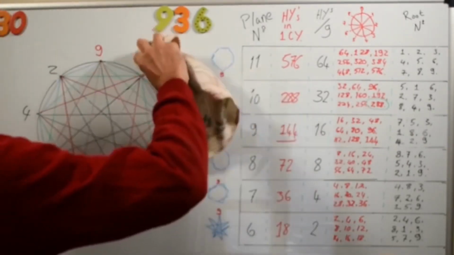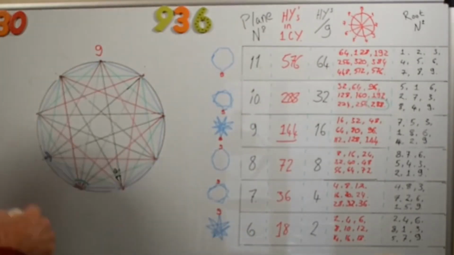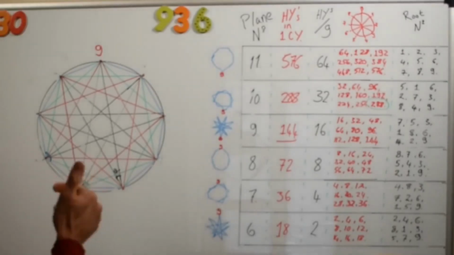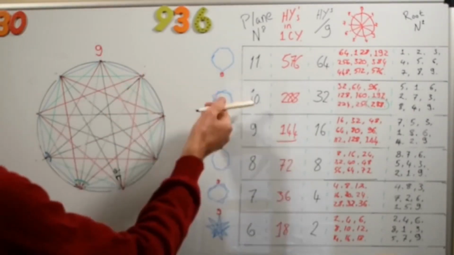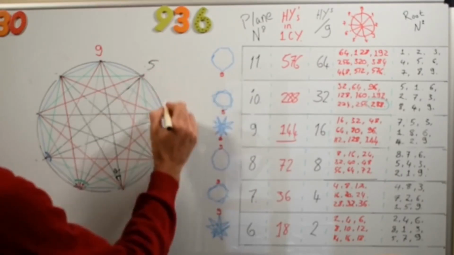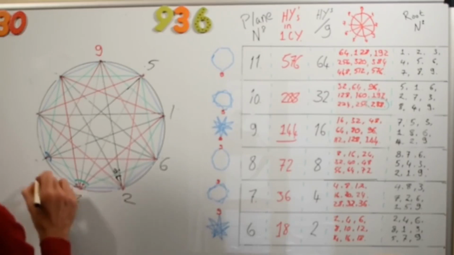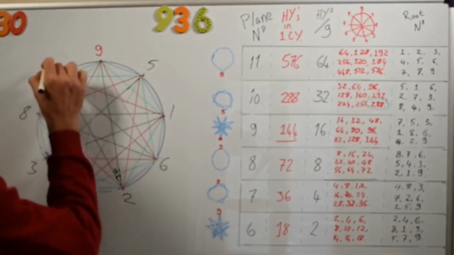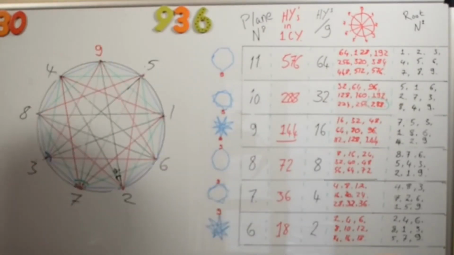Let's actually do one more. I want to do one more where we can get the 6 flipping over and the triangle. So yeah, we'll take plane 10, which is 5, 1, 6, 2, 7, 3, 8, 4, 9 at the top.